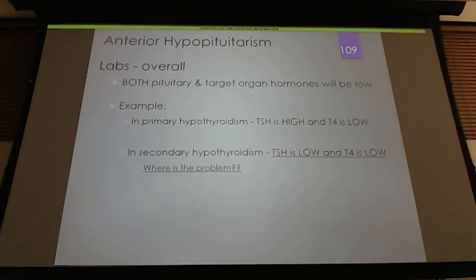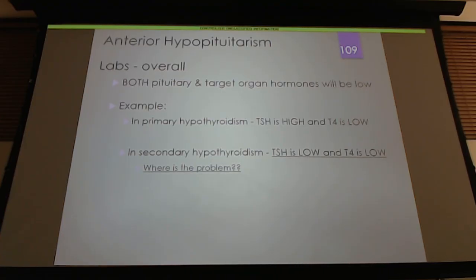So we're gonna go to thyroid because we do that a lot. In primary hypothyroidism, where's the problem? In the organ of the thyroid, right? And because of the negative feedback loop, TSH is high, the anterior pituitary is working just fine, and thyroid hormone is low. But in secondary, the problem is where?